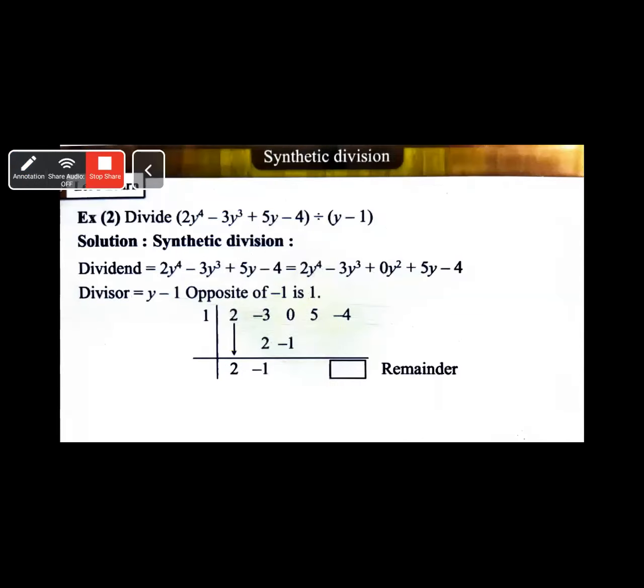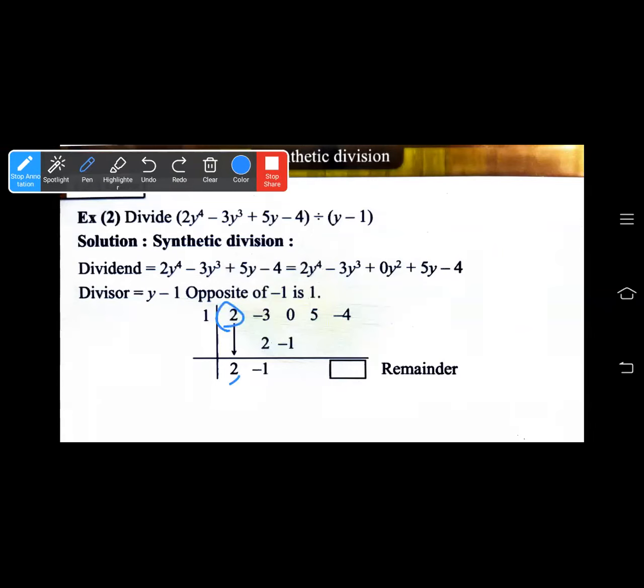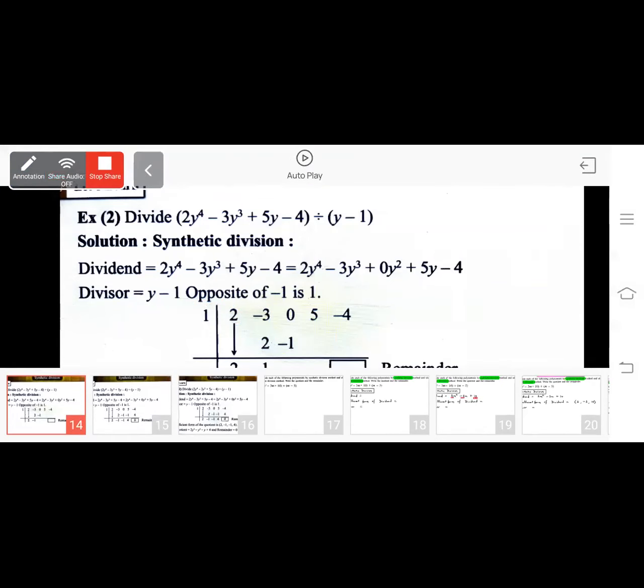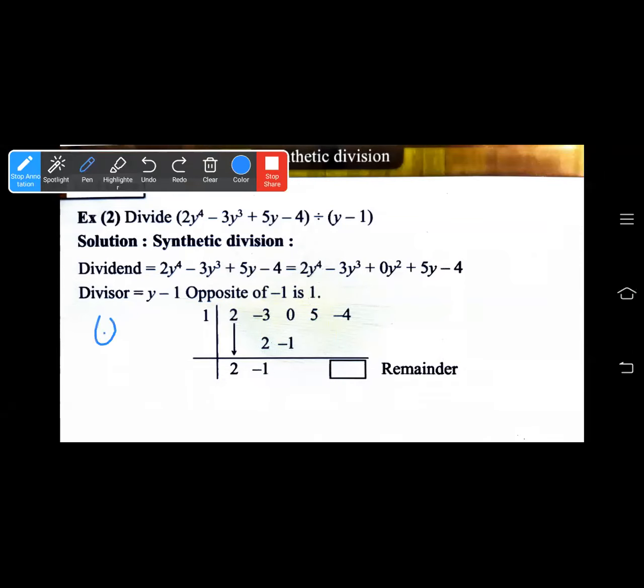Once again we will restart. 2 as it is. 2 multiplied by 1 is 2. Minus 3 plus 2 is, you can do it in rough part, minus 1. Write it down. Then minus 1 multiplied by 1 is minus 1. 0 minus 1 is minus 1.